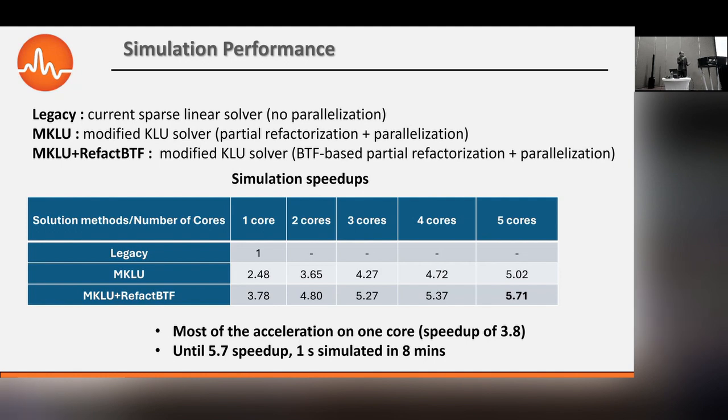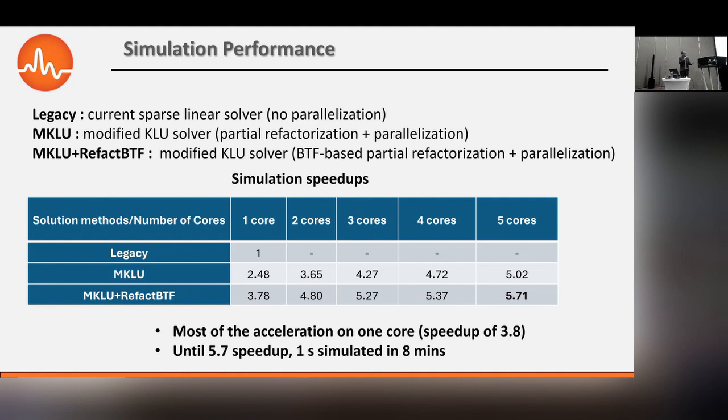So here are the simulation results, and I put the speedups here. You can see that on one core, just changing the solver and applying refact BTF, you almost have a speedup of 3.8. So on one core, we have almost divided the simulation time by 4, just applying efficient sparse techniques.